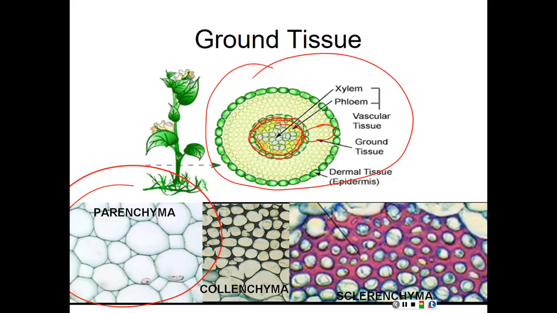These are very frequently the site of photosynthesis and also play a big role in storage. They can typically readily divide to give rise to new cells. So oftentimes these parenchyma cells will kind of go into action and divide to maybe heal a wound in the plant tissue.